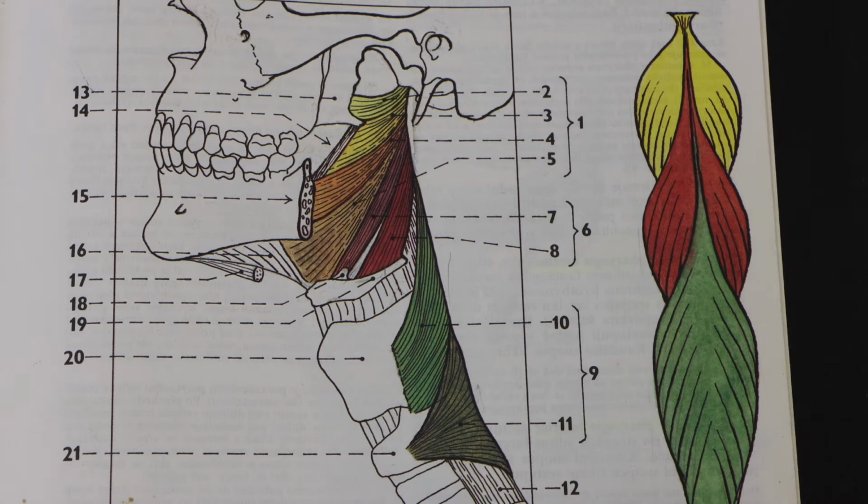All the pharyngeal constrictor muscles are generally innervated by the pharyngeal plexus, which is composed of two nerves, the vagus nerve and the glossopharyngeal nerve. So that is all about the pharyngeal constrictor muscles, and we are going to discuss the elevator muscles of the pharynx.